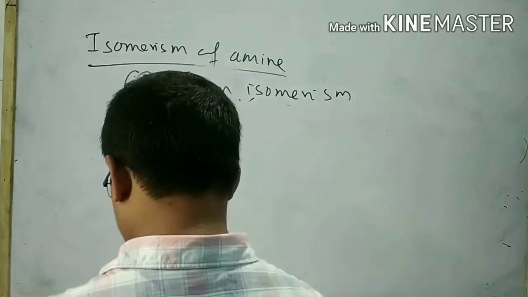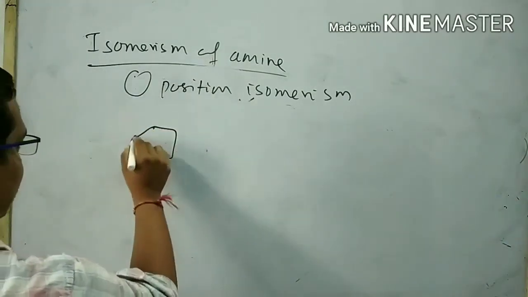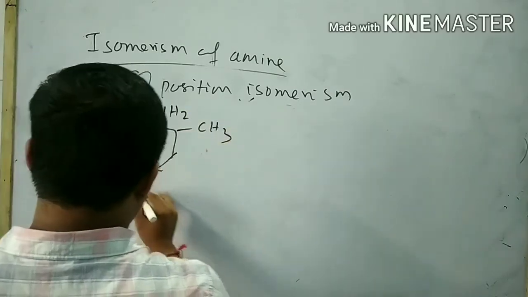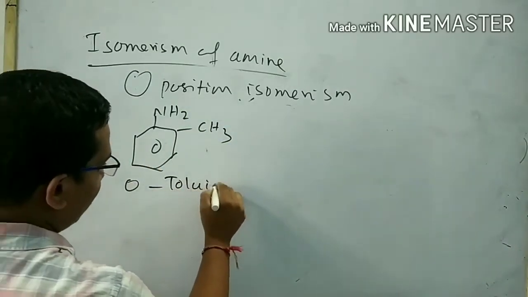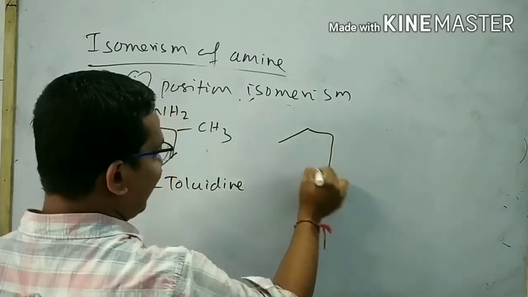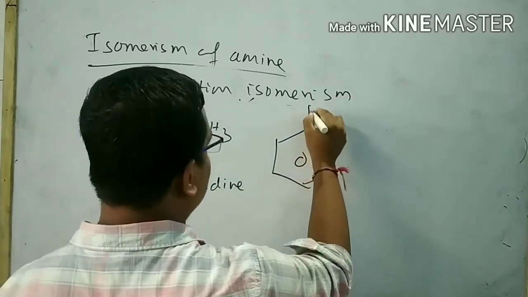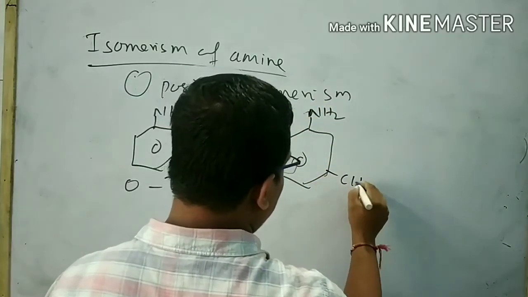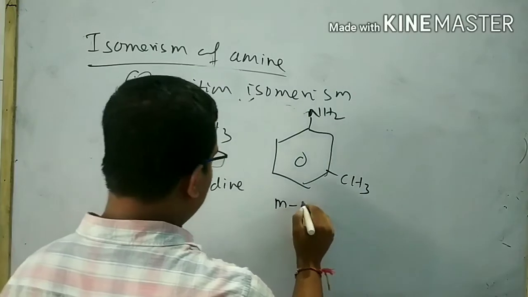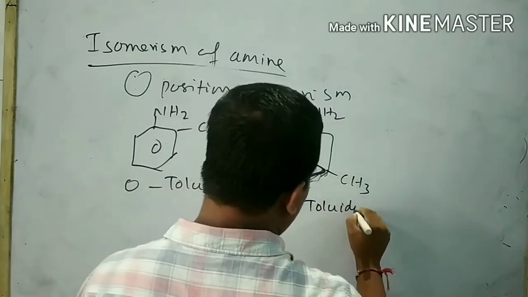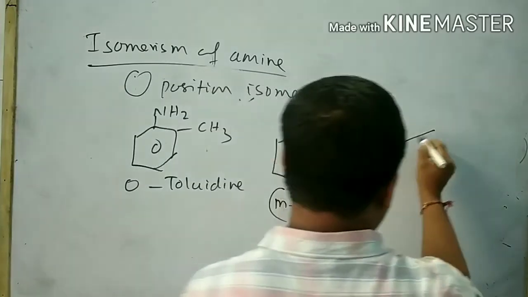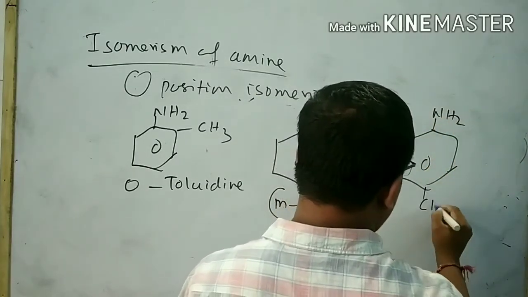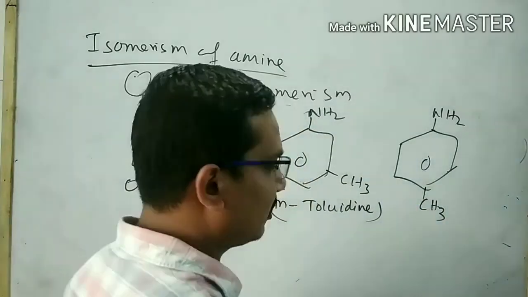Next I will take another example. The name of this compound is ortho-toluidine. Take another example, with NH2 and CH3 positioned differently. The name of this compound is meta-toluidine. Take another example, with CH3 at the para position.